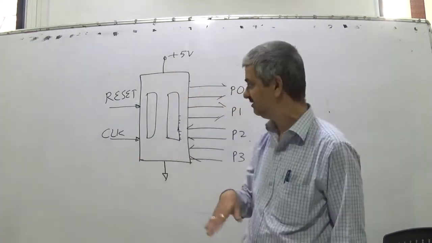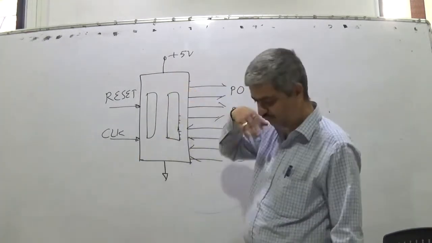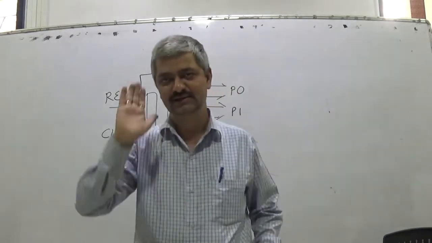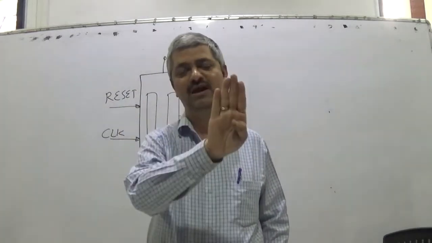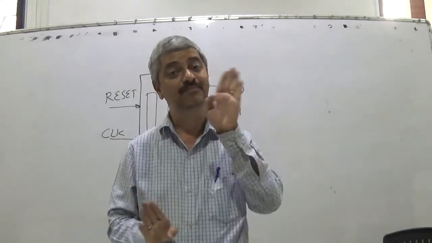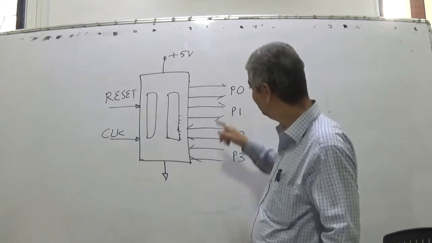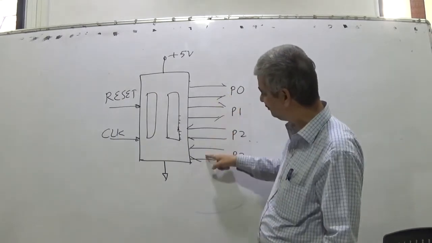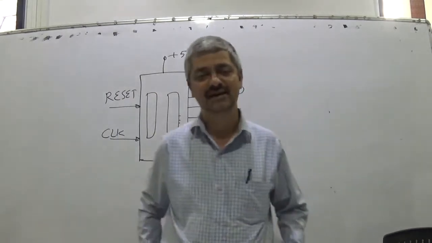So now what we are discussing, we are now aware that there can be CPU, there can be a program, and CPU can execute any program in the memory, and the program is such that it will refer to these locations also.